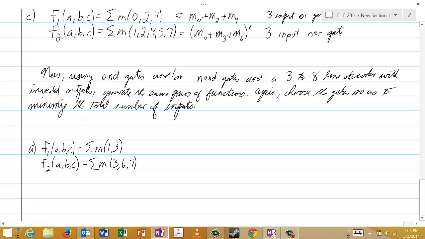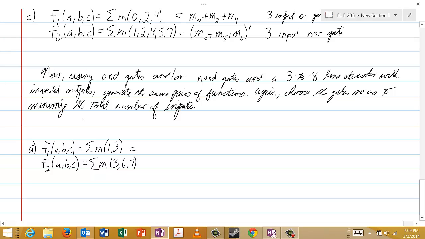Now, my advice to you, since we're using a decoder that will be a max term generator rather than a min-term generator, is to immediately write both of these functions in terms of max terms rather than min terms.